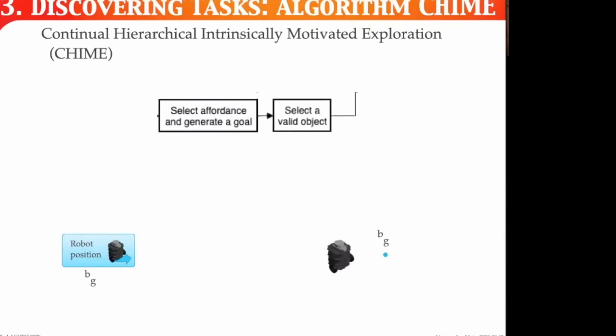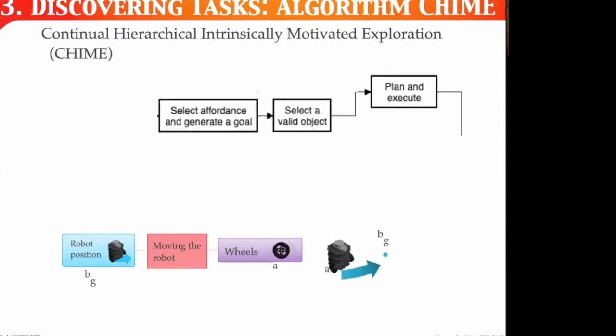So here it's itself, the robot, or it can be an object A or an object B, a small object or a big object. And then it plans and executes the task. So for that, it needs to use the model of moving the robot.